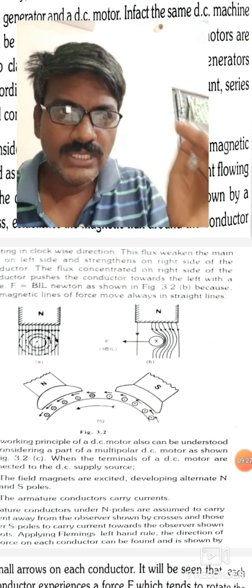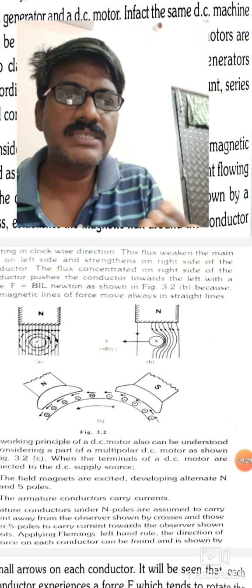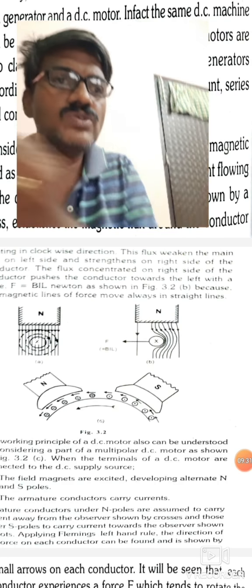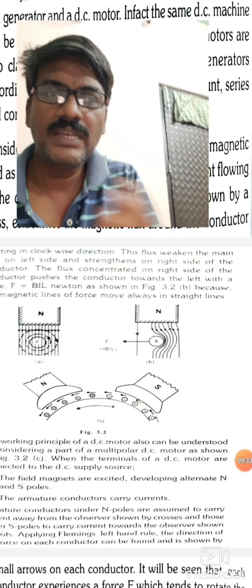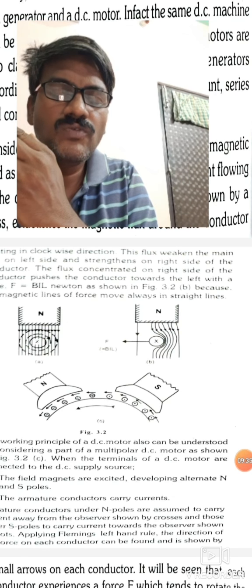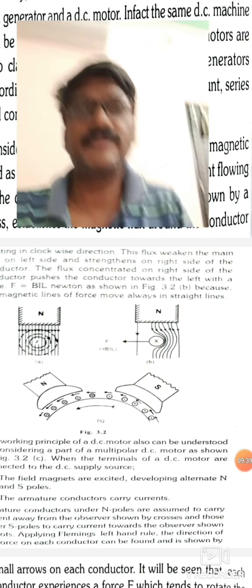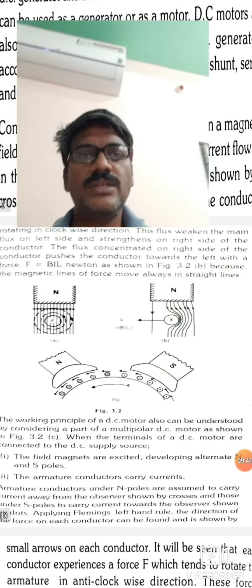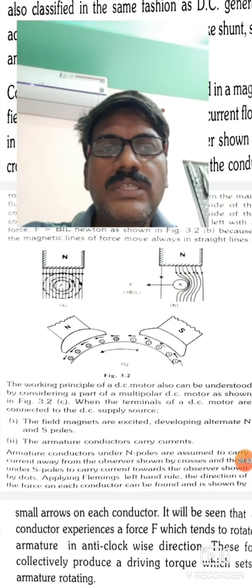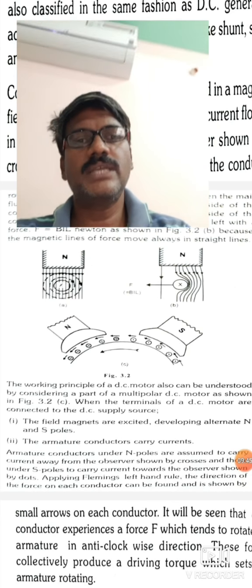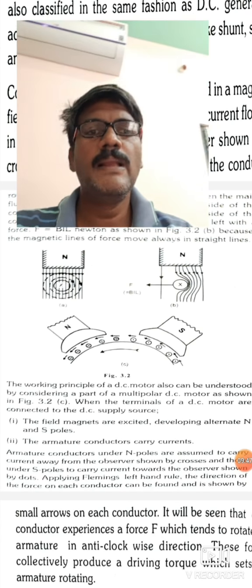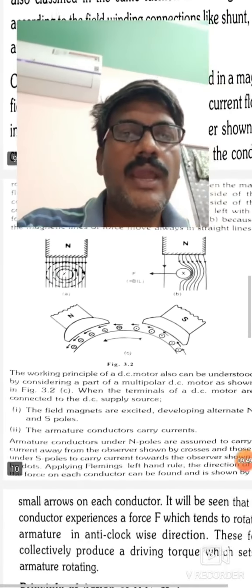So the increase in flux moves the conductor to the left side with a force F equal to BIL. Then the lines become straight. So the working principle of a DC motor can also be understood by considering a part of a multipolar DC motor as shown in the figure.